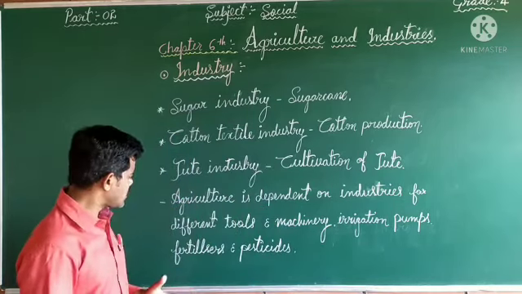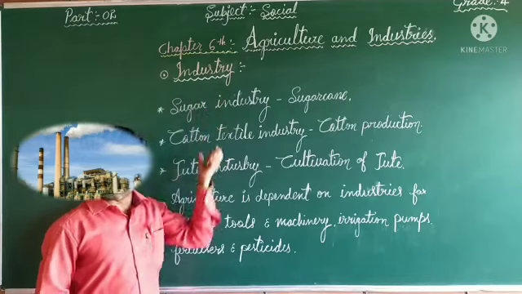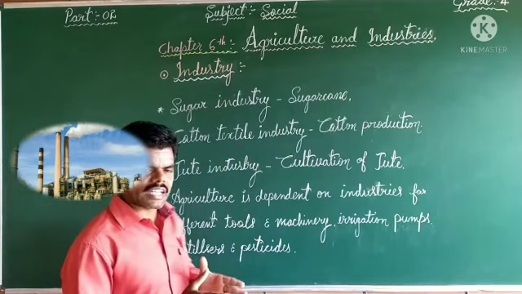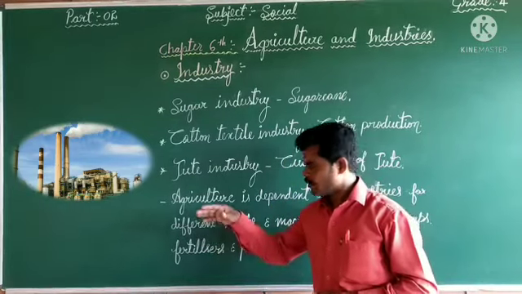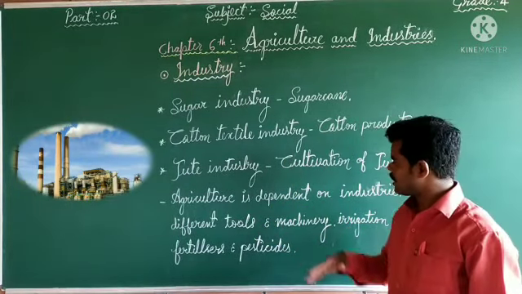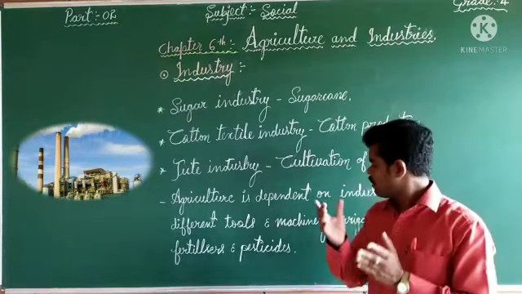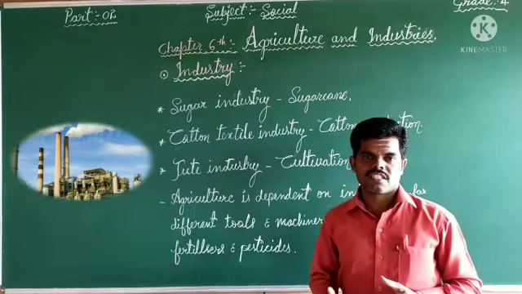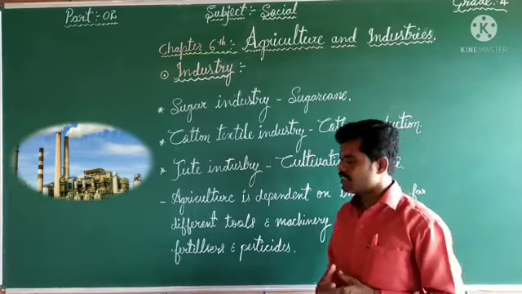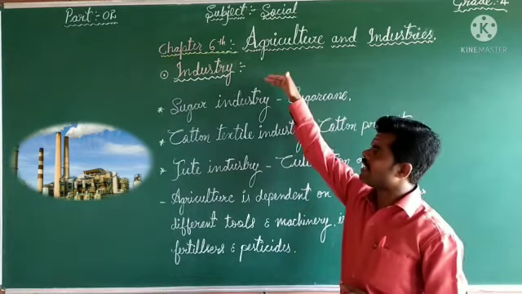And irrigation pumps also. If you want to do irrigation, what do we need? We need pumps, and these pumps are also manufactured in industries. That is why agriculture and industry are interdependent. If you want to improve agriculture, we need machineries, irrigation pumps, fertilizers and pesticides, which are all manufactured by industry.